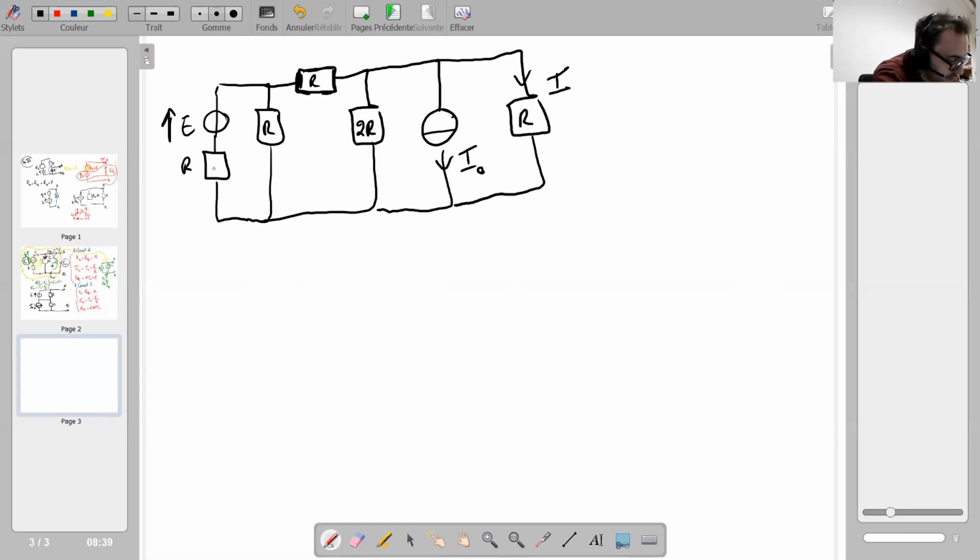All right. So the question is, what about the current here? So here I leave you the choice of the method you want to use to get the result.